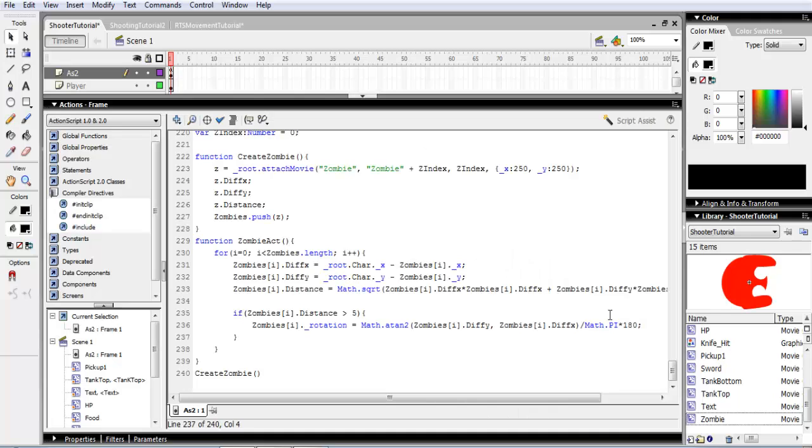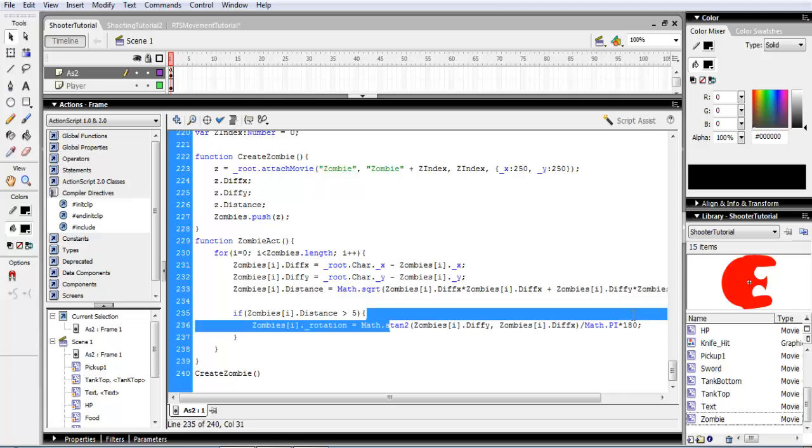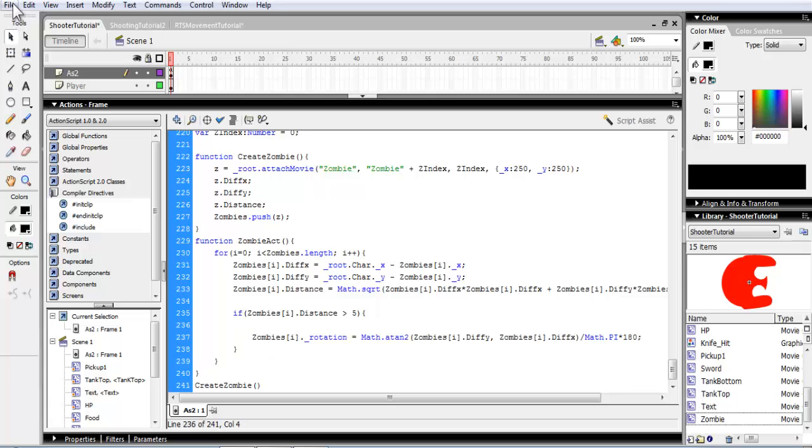I worked that out because I found the formula for changing radians into degrees was, I think, that. It might be the other way around, degrees to radians, but that's what I think it does. So that's my best explanation of Math.atan. You just really need to know it does rotation, doing that kind of formula. But now we don't just need the rotation, we also need the movement.